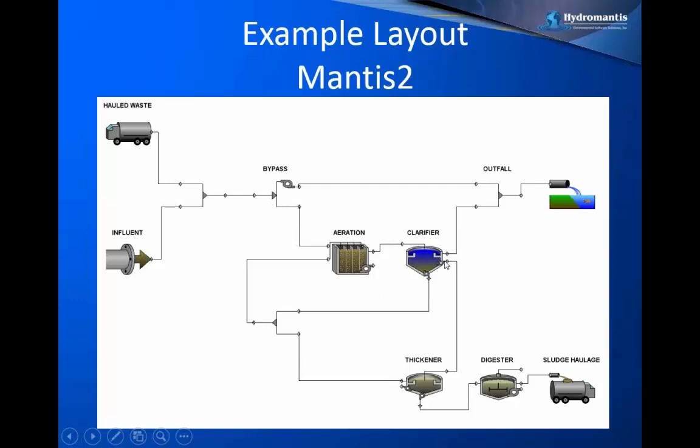From the clarifier we are wasting sludge, which is fed to a thickener. The thickened sludge goes to the digester, and the digested sludge is taken for disposal. This is a very simple layout, and I would like to show you some of the important features of this layout.